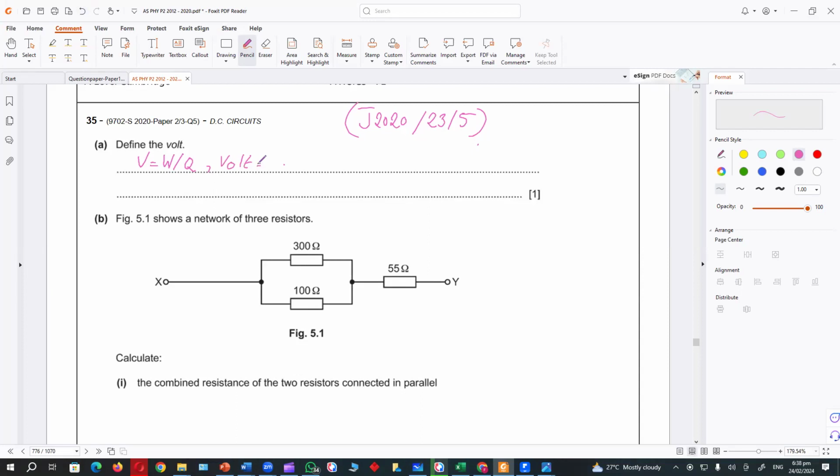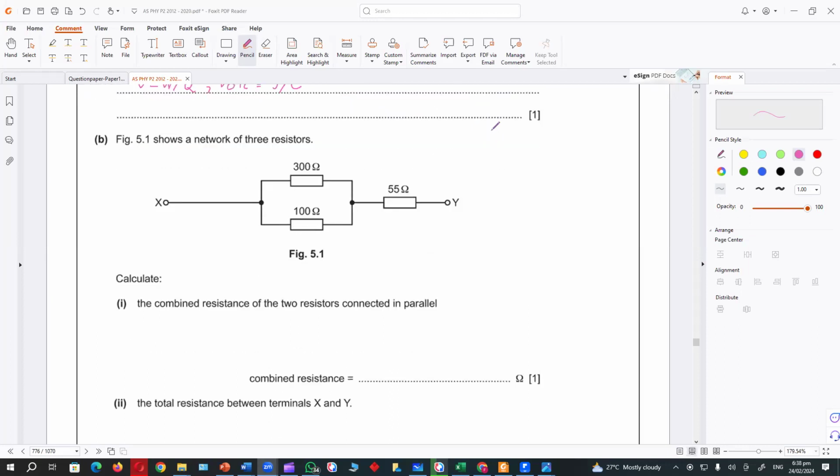Right. So 1 joule of energy drives a charge around a circuit, right? So volt is equal to joule per coulomb.